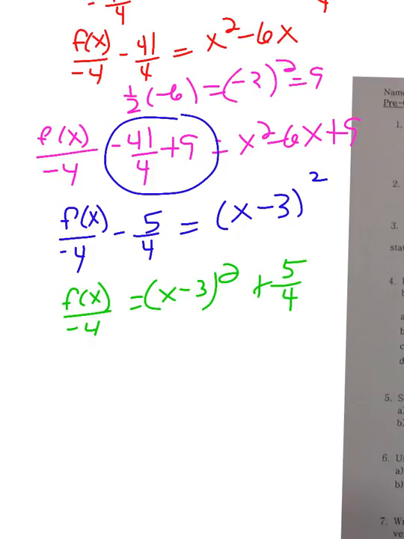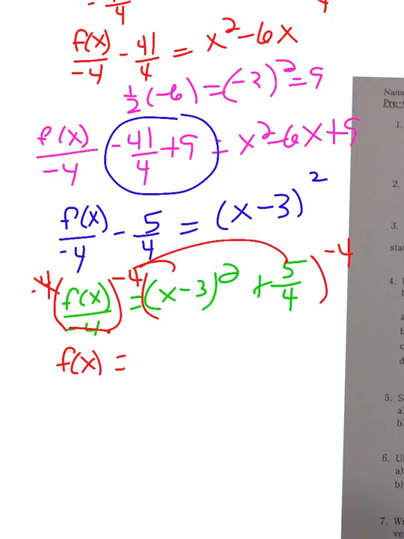Now you want to get rid of the negative 4 that's in the denominator, so multiply both sides by negative 4. All right, so the negative 4 is reduced to 1, so I'm just left with f of x equals. Make sure you get both of these here. So it's negative 4 times x minus 3 squared minus 5.